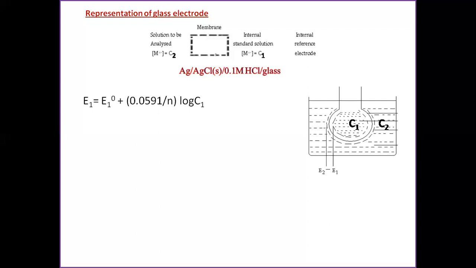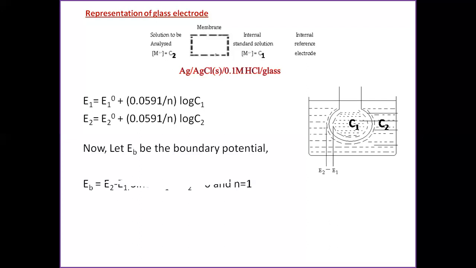How this EB arises, we will see. Before that, we can write the Nernst equation for E1 and E2. E1 is equal to E1 naught plus 0.0591 by n log of C1. Similarly, E2 is equal to E2 naught plus 0.0591 by n log of C2.